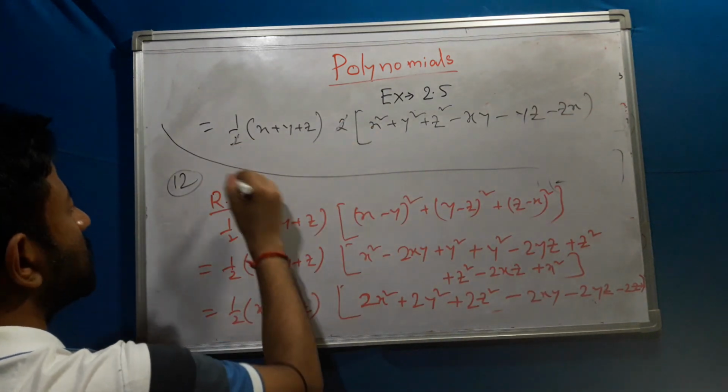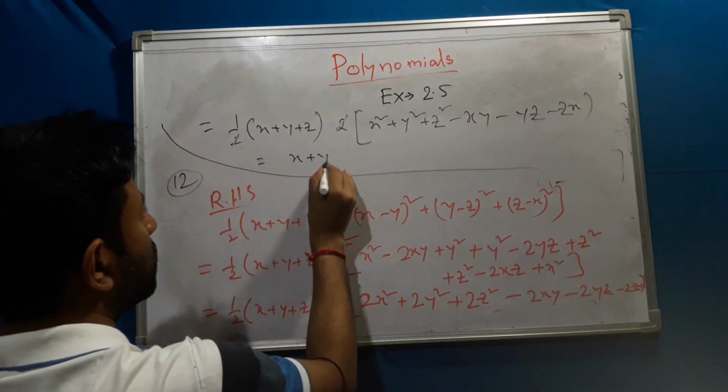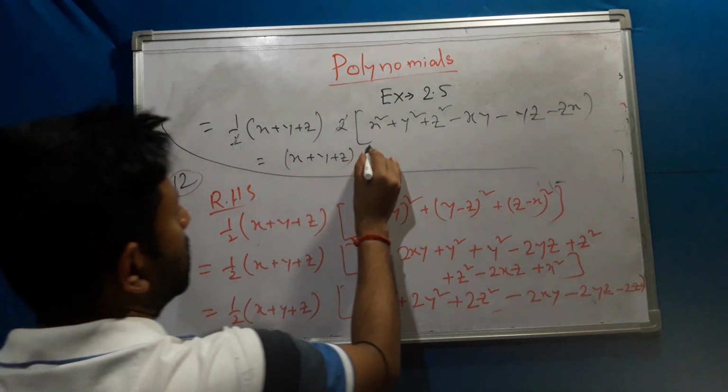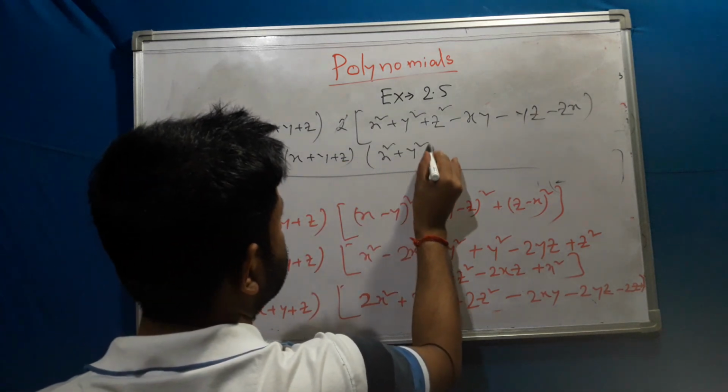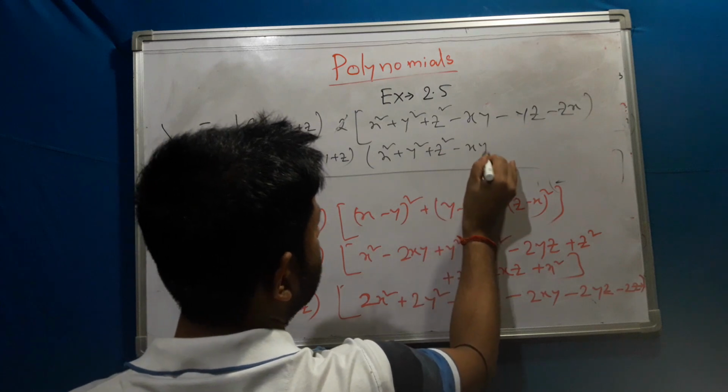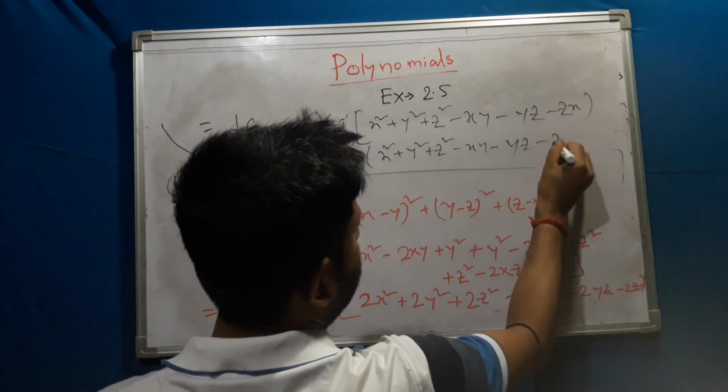So this will just cancel. This will become x plus y plus z into x square plus y square plus z square minus xy minus yz minus zx.